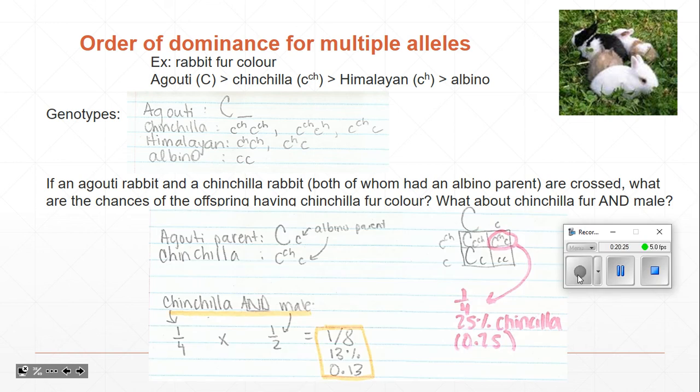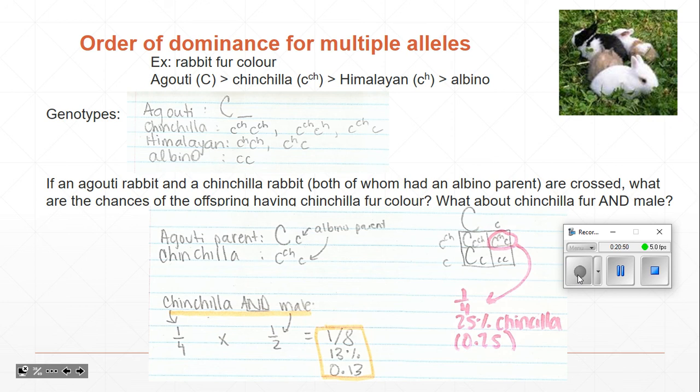All right, I'm going to have to say something about this because I have to shut it down pretty soon. If you take a look, we end up with kind of the same scenario we did for blood type, but this is a different allele. If I consider the genotypes of the two parents, my agouti parent had to have the capital C, but because one of their parents was albino, I know their second allele had to be the recessive one.